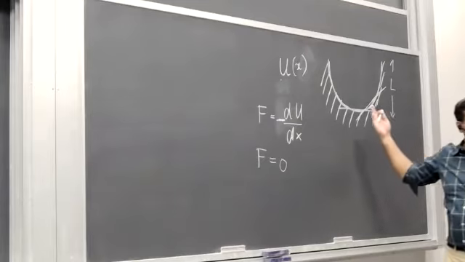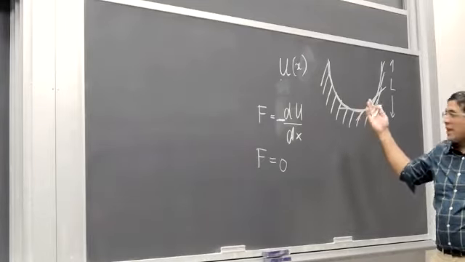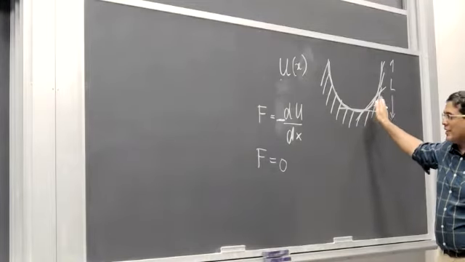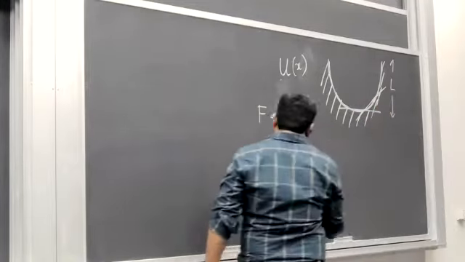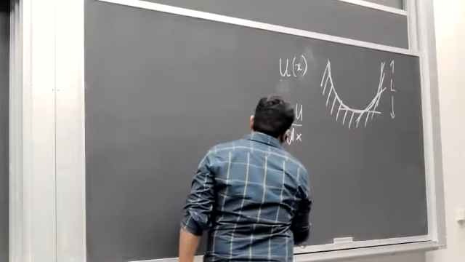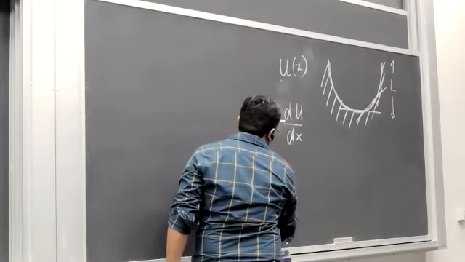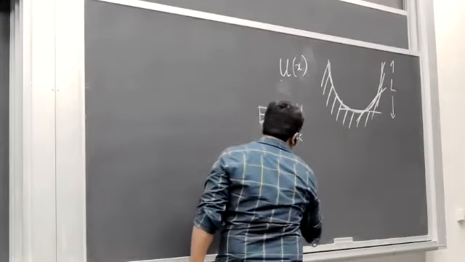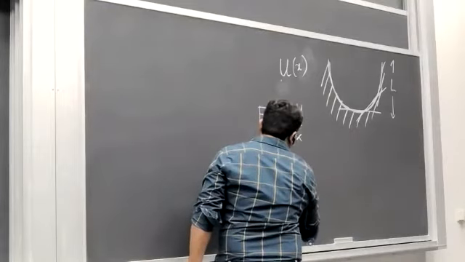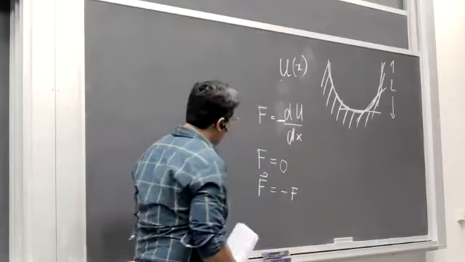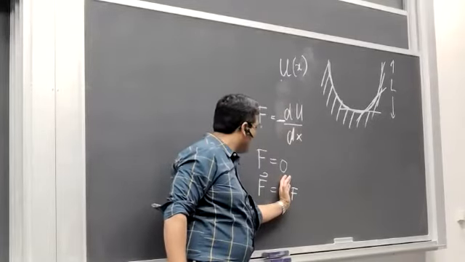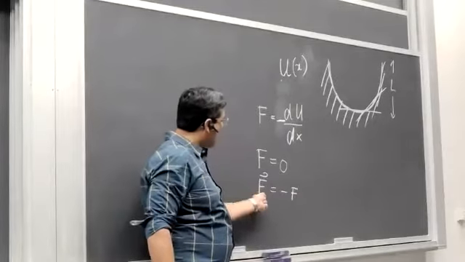What would be the derivative of this curve at this point? Some non-zero positive value of the derivative, right? Let's call it small f, or call it whatever you like. Let's say that is the positive value of the derivative, and with the negative sign, what does it tell us?